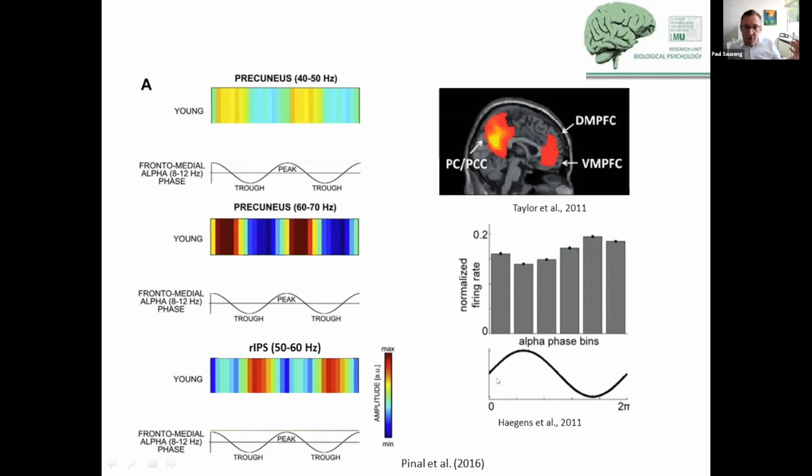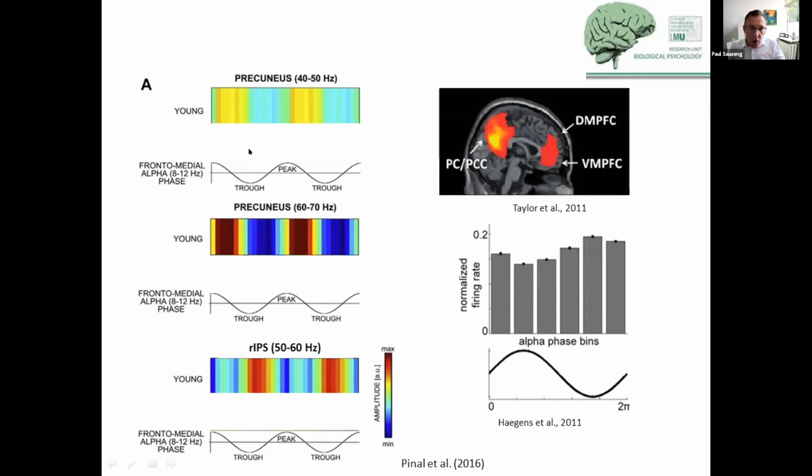And now again, remember that for alpha activity, there has been the report that the trough is associated with more excitatory activity and the peak is associated with more inhibitory activity.